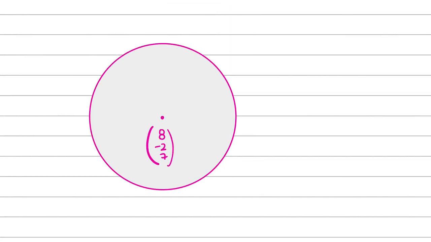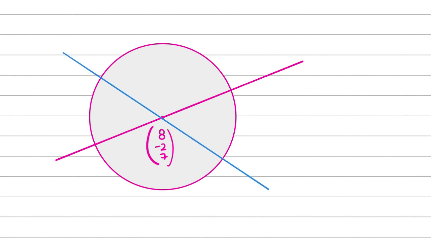So let's just draw 2 random lines. So we could say that this is L1. We could say that this is L2. Actually, should we do this in a different colour? Okay. Let's call this one L1.